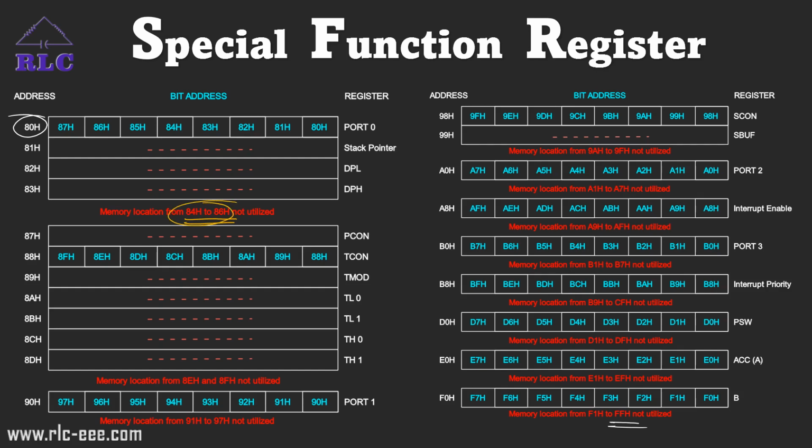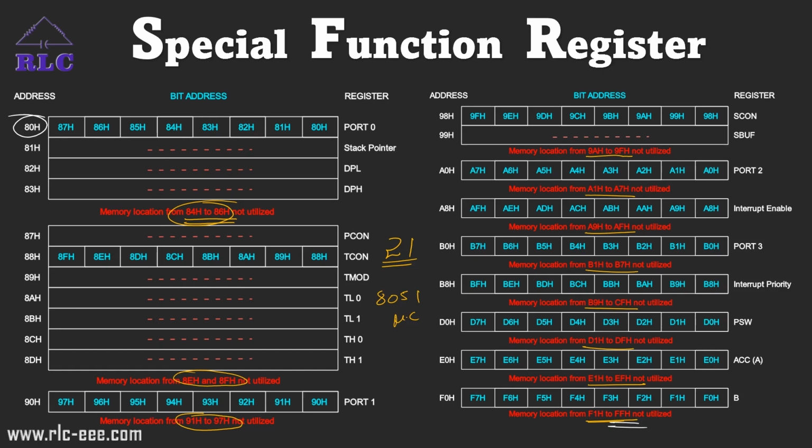Then 88H to 8FH, 91H to 97H, 9AH to 9FH, A1H to A7H, A9H to AFH, B1H to B7H, B9H to CFH, D1H to DFH, E1H to EFH, and F1H to FFH. All these memory locations are not utilized. We are utilizing only 21 memory locations for the SFR in the 8051 microcontroller.